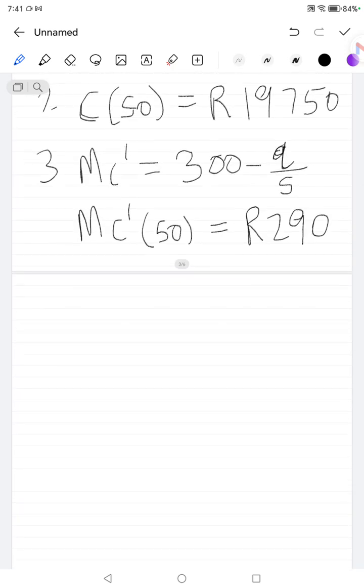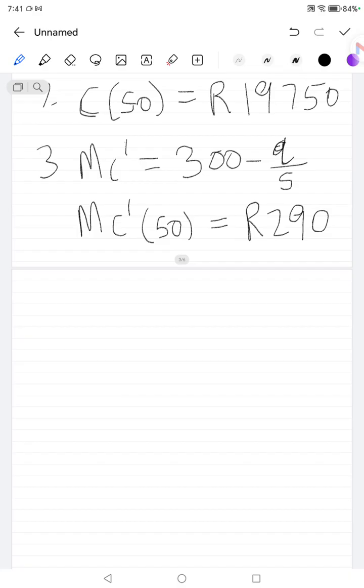If we're producing one more item in this case, it means now we're interested in one more item. Which item? Item number 51.